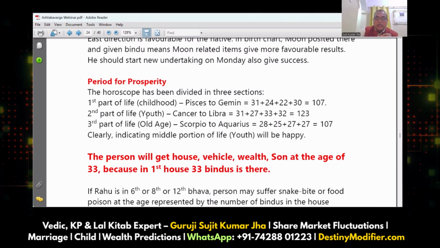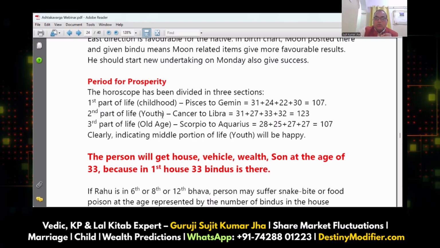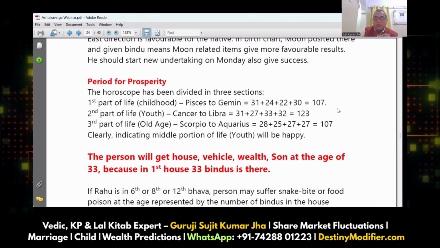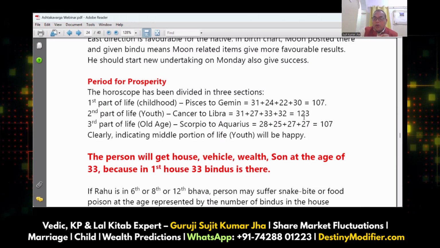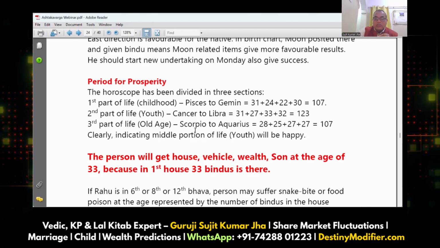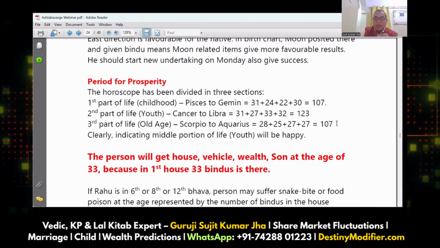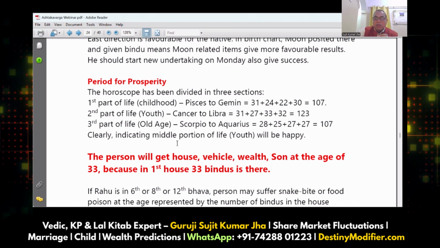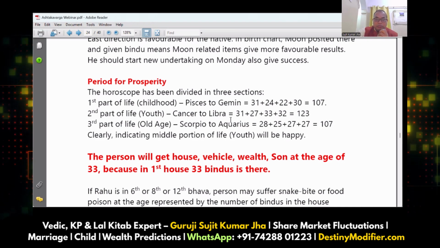So how to find his childhood, youth, and old age life? We calculate Pisces to Gemini, 107; Cancer to Libra, all sign points, 123; Scorpio to Aquarius, all points, 107. It means he has a very happy middle age.